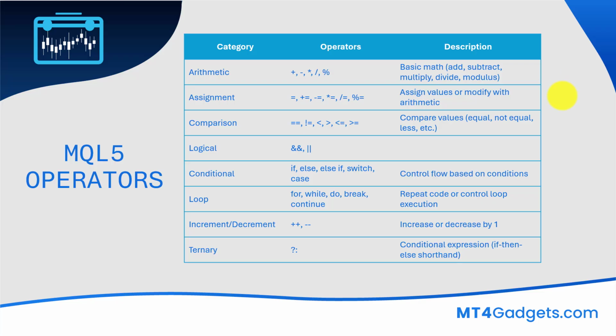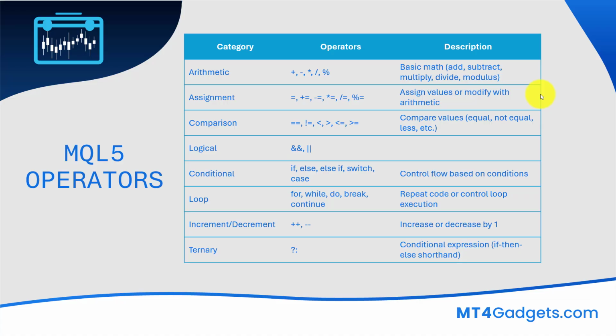The second category is assignment, which is very frequently used. Some of the symbols for these operators are equal, plus equal, minus equal, star equal, slash equal, and percent equal. What they do is assign values to variables.